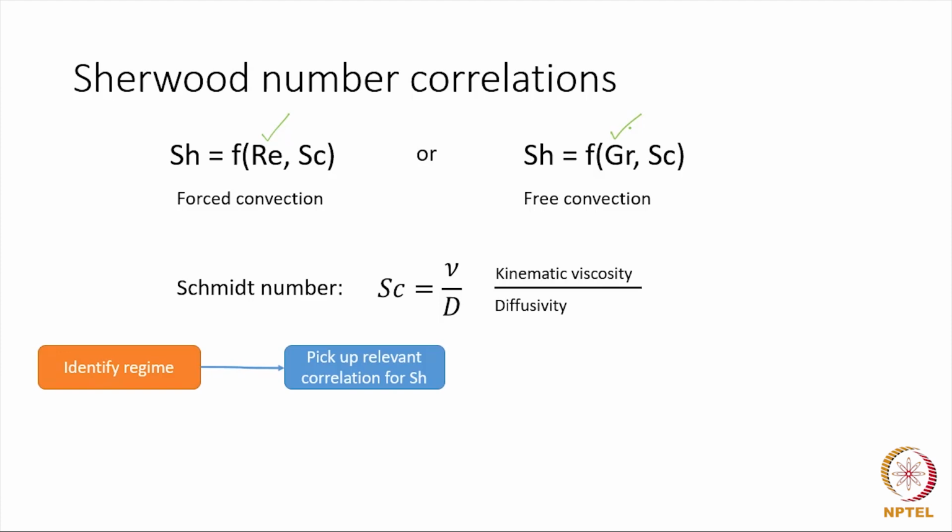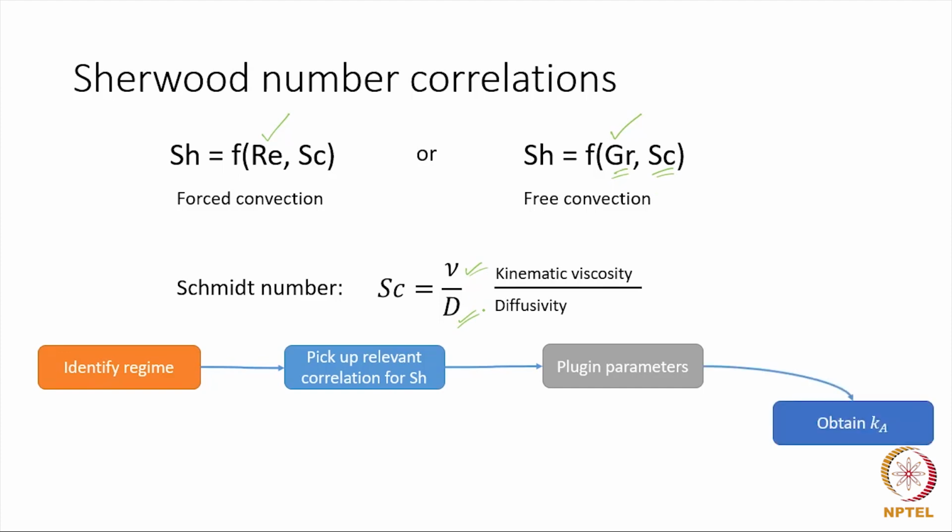And once we have that, then we know that it is going to contain these properties which will have various quantities. So we have to plug in all those parameters so that we can get the numerical value of the Sherwood number. Once we have the Sherwood number, naturally we have the mass transfer coefficient obtained directly from there, and of course the length scale has to be known, and then we can get the K.